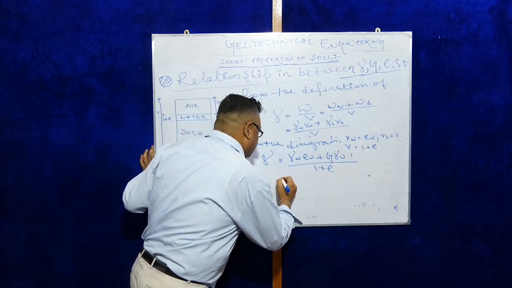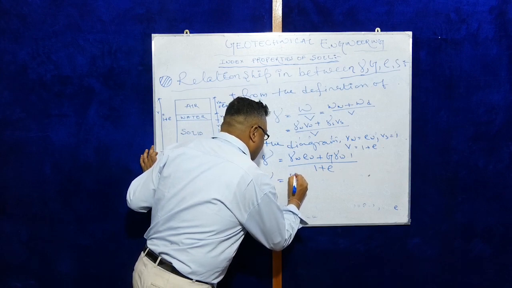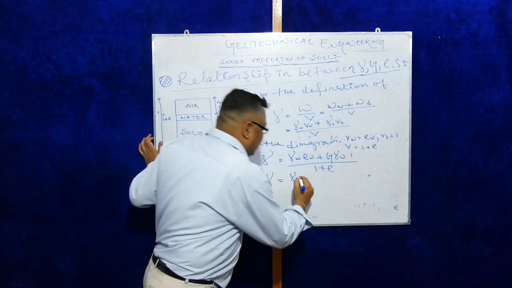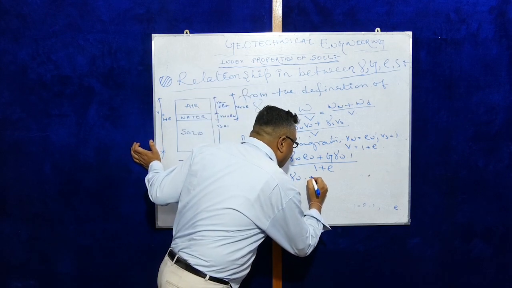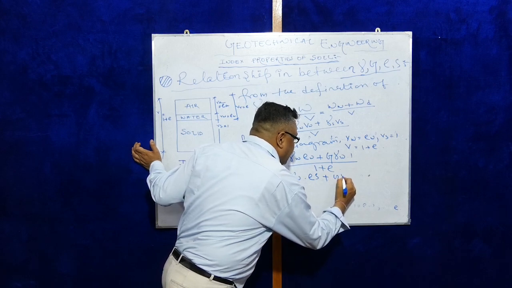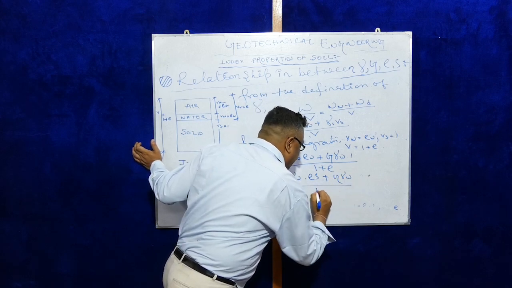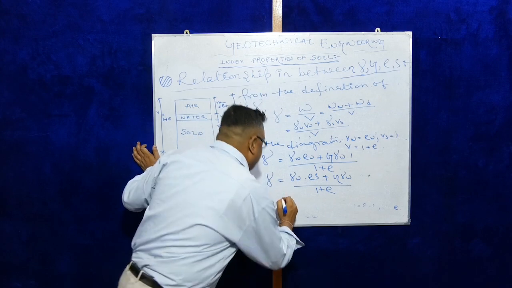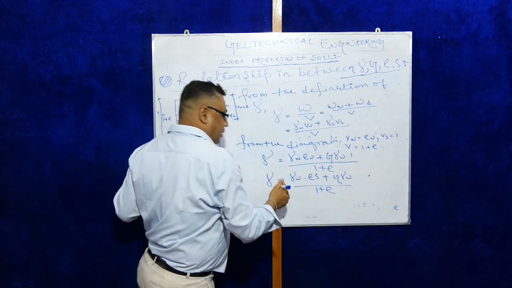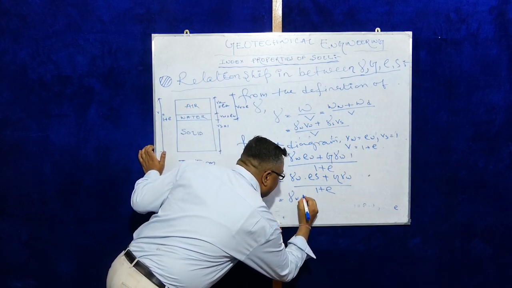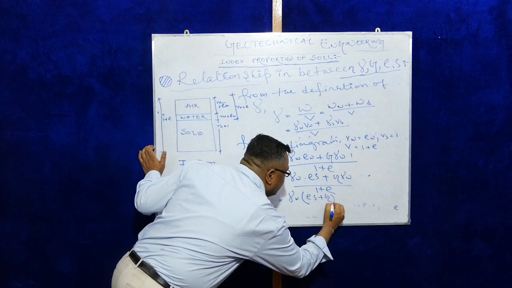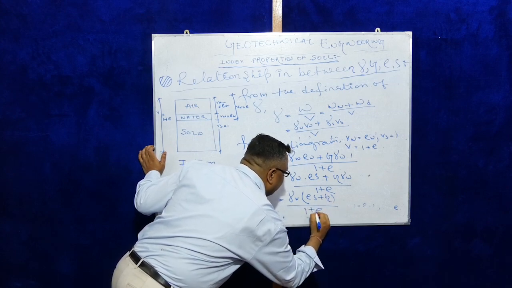Next, what is EW? EW is equal to ES. Putting the value of EW, that is ES, in this equation, plus G into gamma W divided by 1 plus E. Taking common gamma W from the upper side, gamma is equal to gamma W into (ES plus G) by (1 plus E).